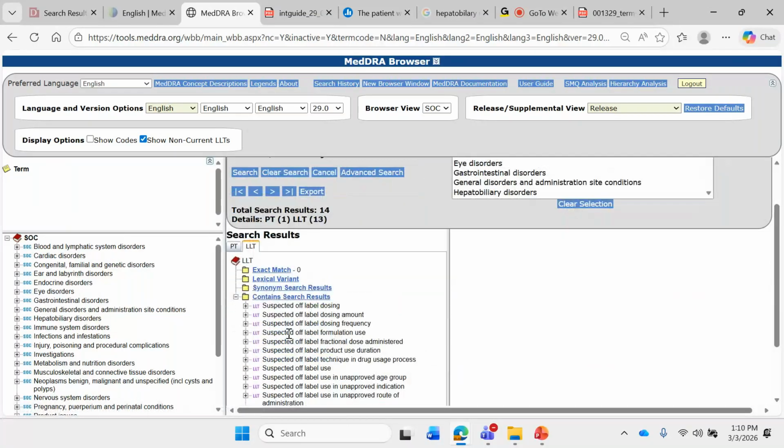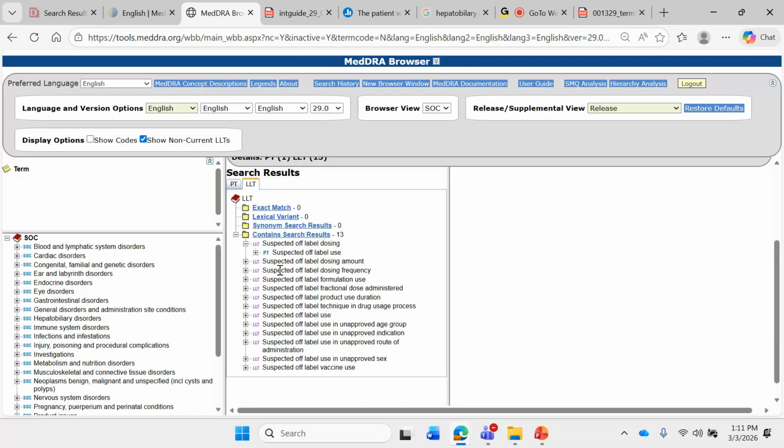Okay, so you see that in version 29.0, because of user input, it's a very excellent question. I'm very glad they brought it up. Before, no matter what the report said, if it didn't say the words explicitly off-label, you were not allowed to code off-label, even though the whole scenario made you think, of course it's off-label. But unless it said off-label, you couldn't do it. Now, due to user input and lots of discussion, we have added a term, suspected off-label use.